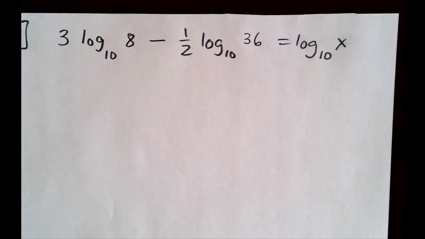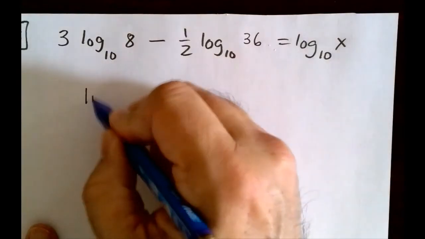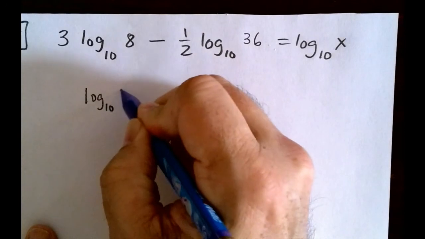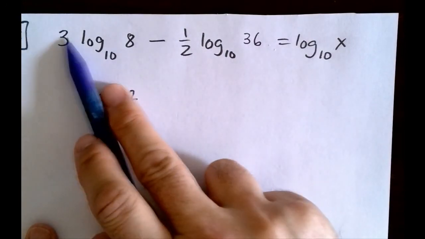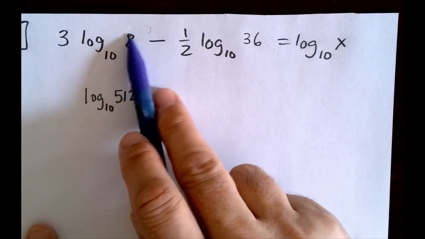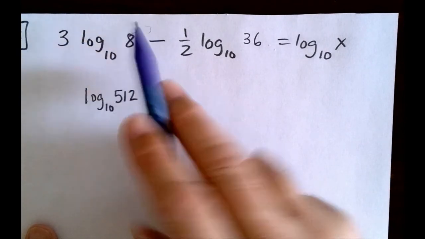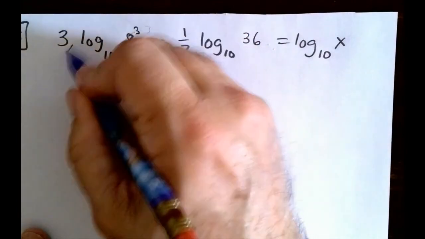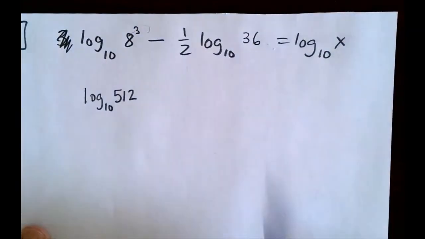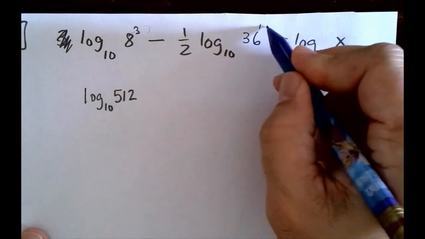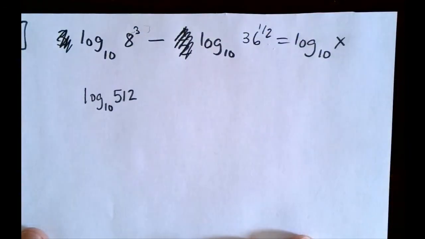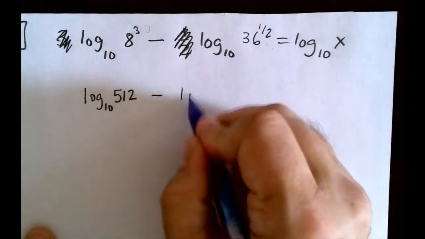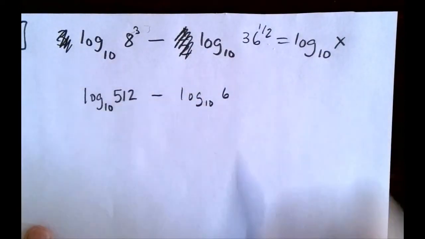This last example has the coefficients, so I'm going to rewrite this one as the log base 10 of 512. That is 8 raised to the third power, so the 3 goes right there. That's where the 512 comes in. This 1/2 goes right here, so that's actually the square root of 36. So it's minus log base 10 of 6.